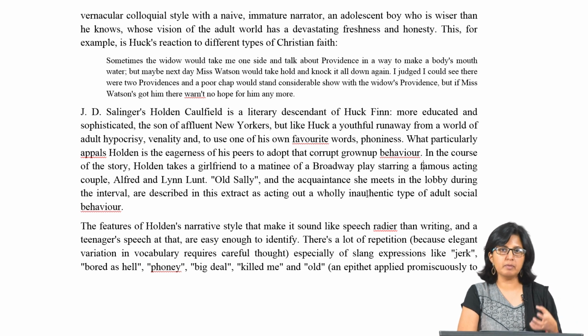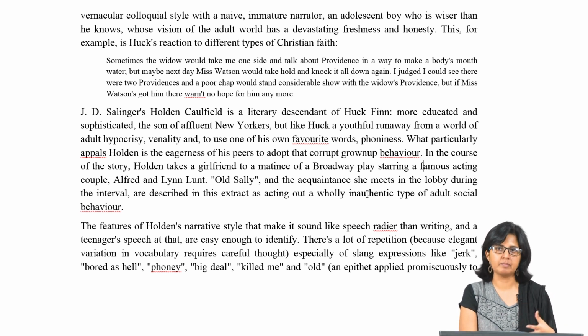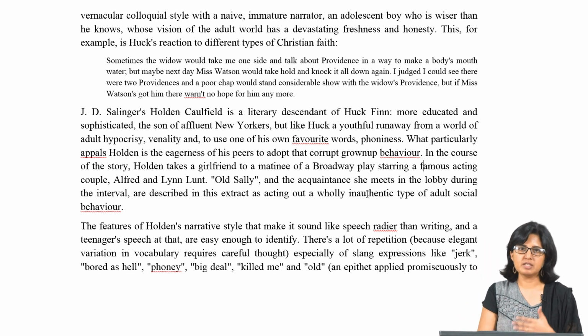So he wants to be the catcher in the rye. There are children playing in the rye, in the field, they're having a good time, they are running about, and he wants to be the one who stands at the edge, the protector of all the children who are there with all their childhood innocence.